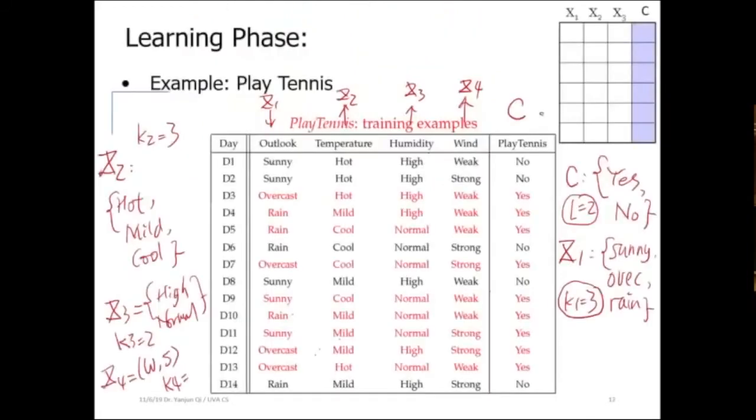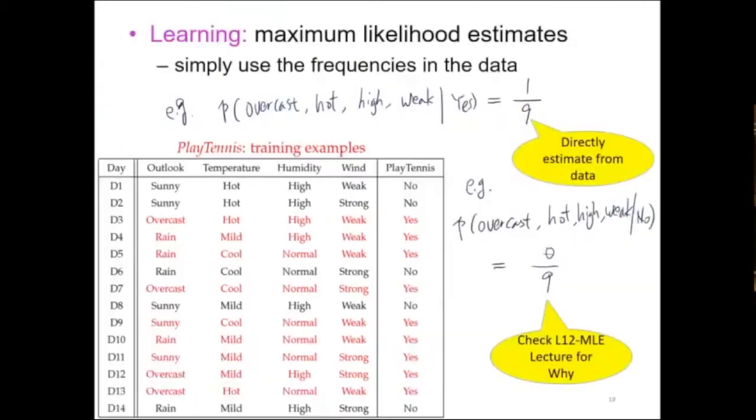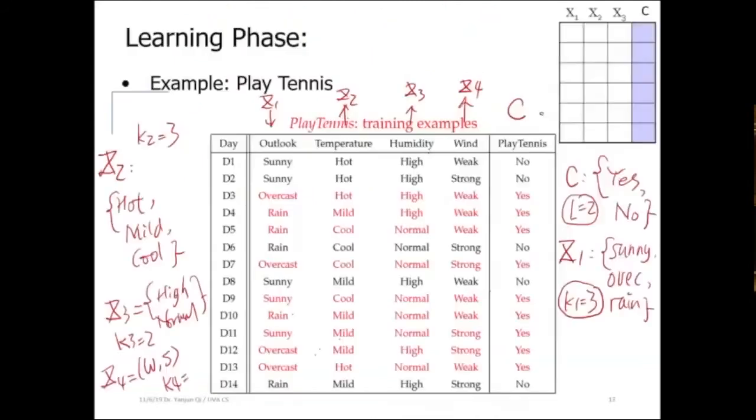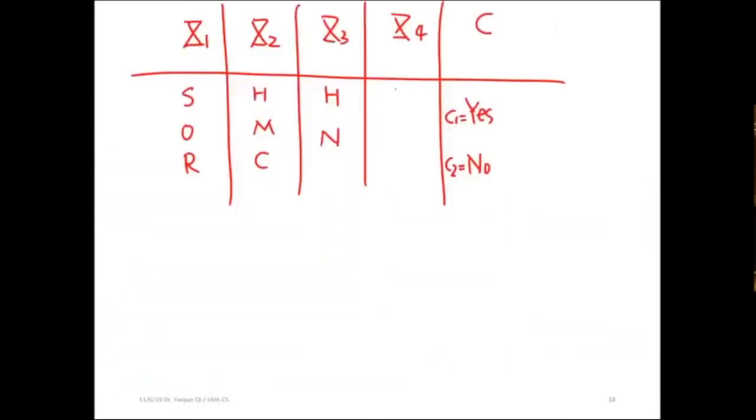For x3 it is high, normal, only 2. For x4 there are weak and strong, only 2. So these are their possible values. Just keep this in mind.